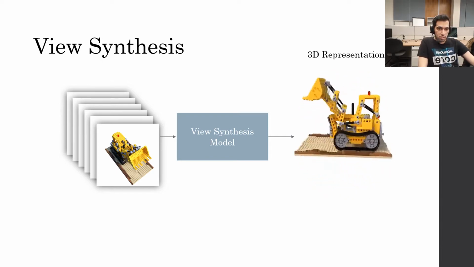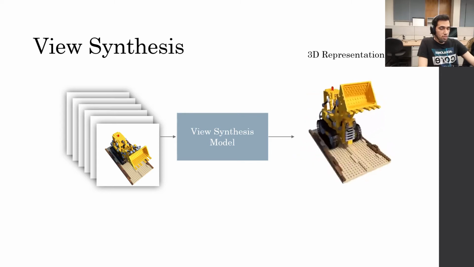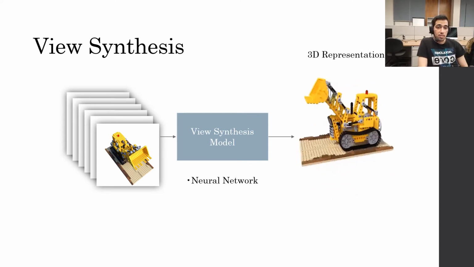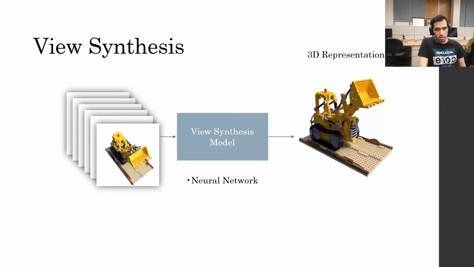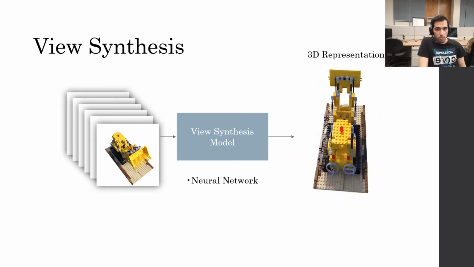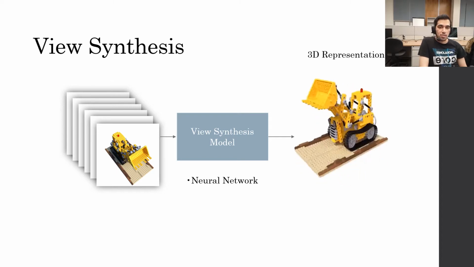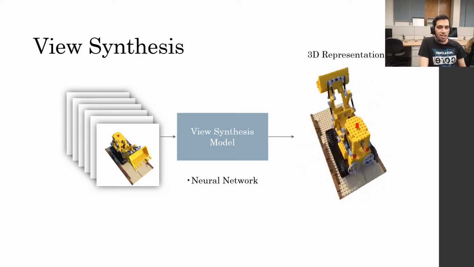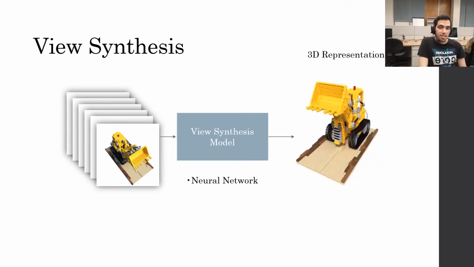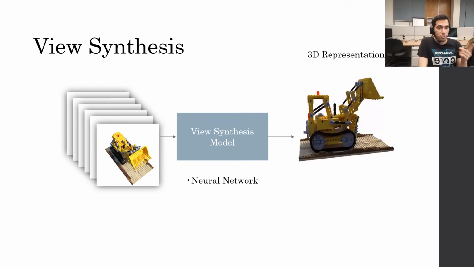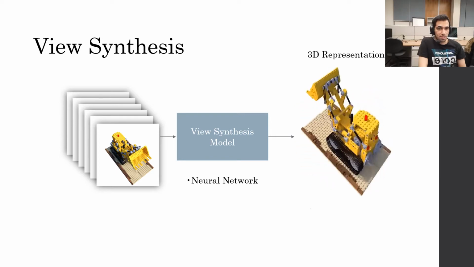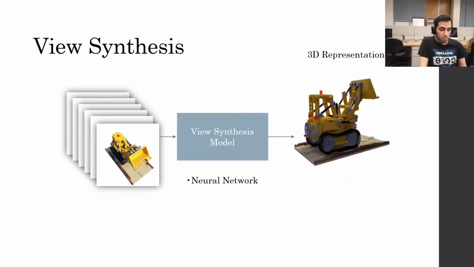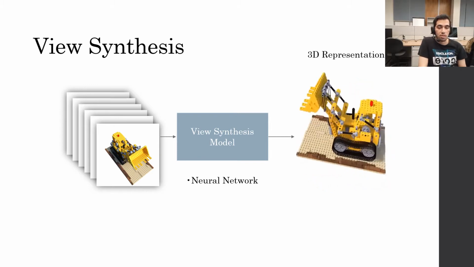Another thing that we need to know about view synthesis models is that they come in two different ways. One of them is neural networks, which we are already familiar with. The way that they work is by using a deep convolutional, or not just convolutional, any kind of network. Of course, we need a lot of data for deep neural networks, and that's one of the downsides, because deep learning is basically about computational power and a lot of data.